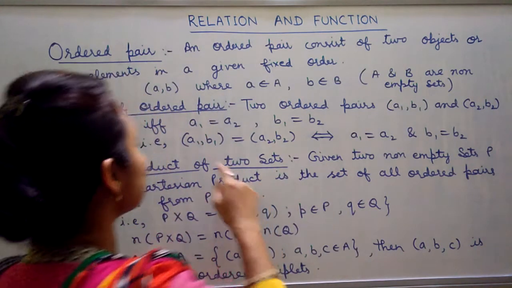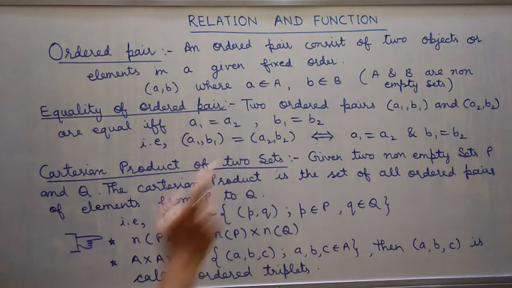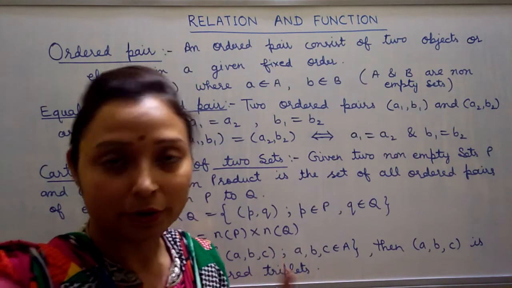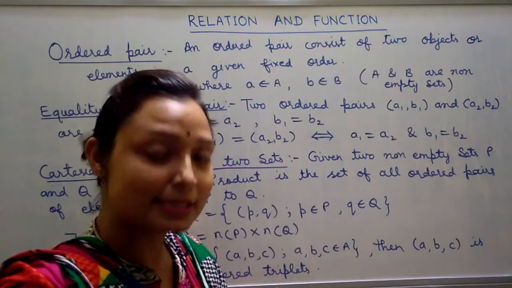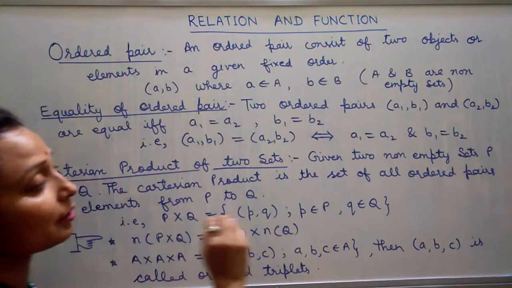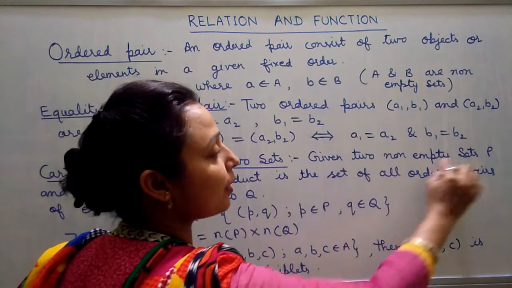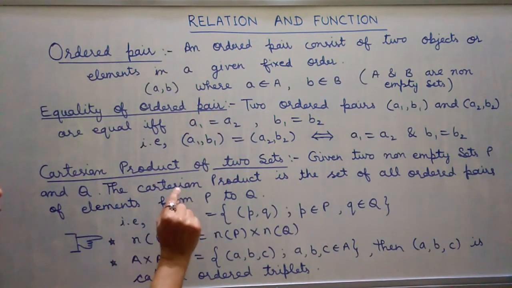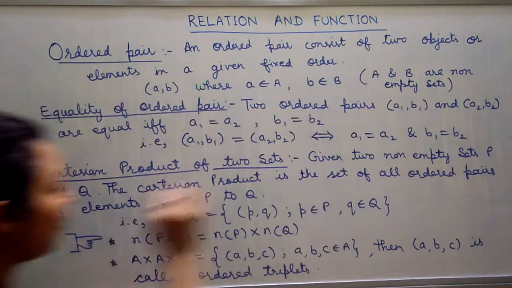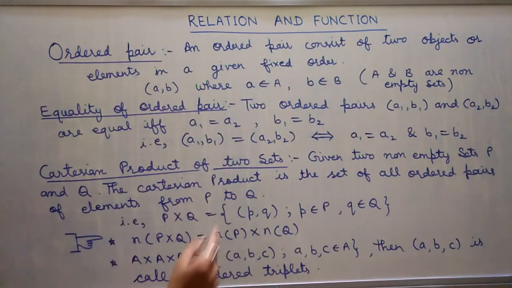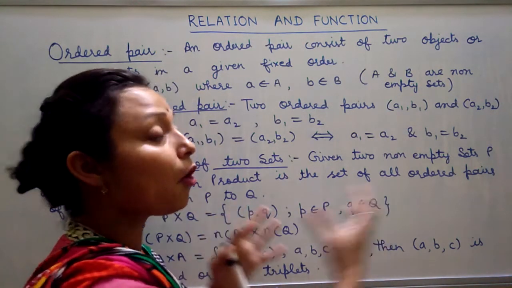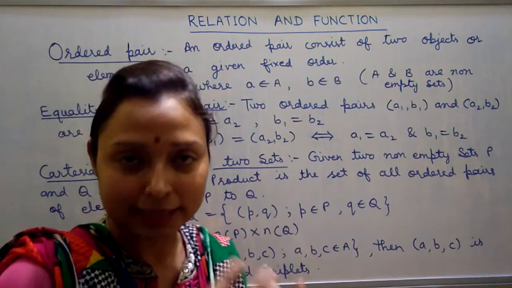Okay, now come to the Cartesian product of two sets. What is the Cartesian product? It is the set of all ordered pairs of two different sets, all the elements of P and Q. So the definition is made like this: given two non-empty sets P and Q, the Cartesian product is the set of all ordered pairs of elements from P to Q. If we talk about two sets P and Q, the set of all ordered pairs are present in that product.